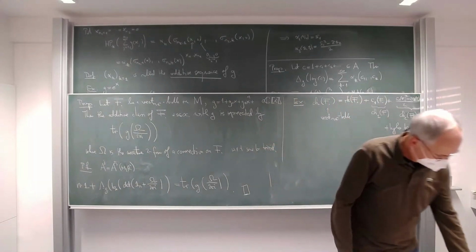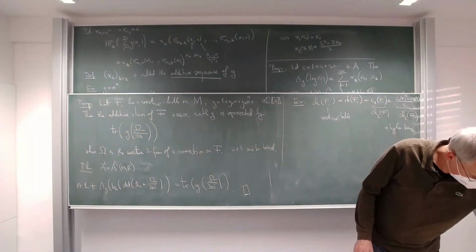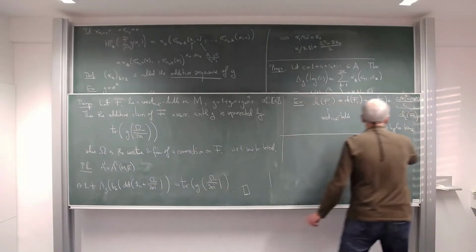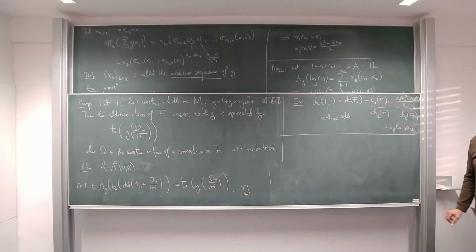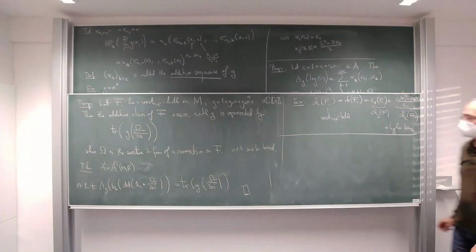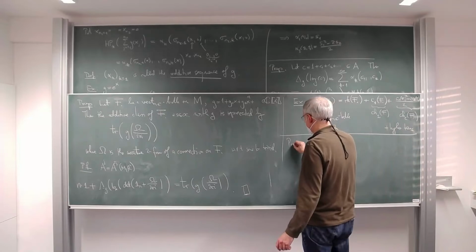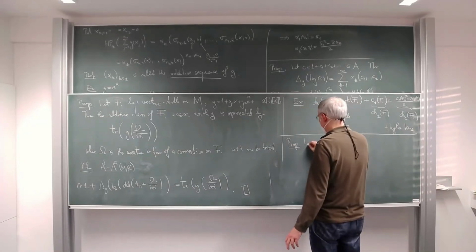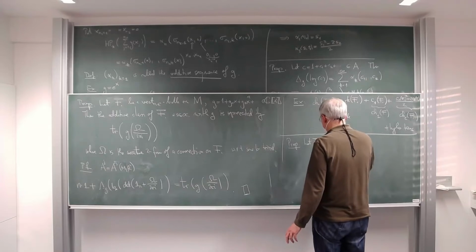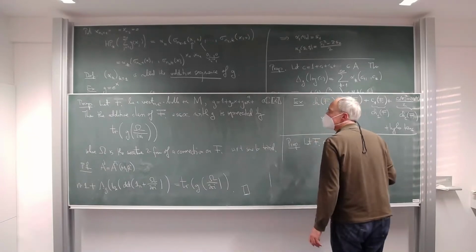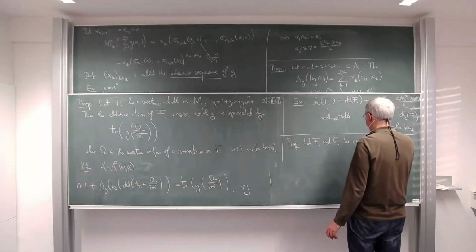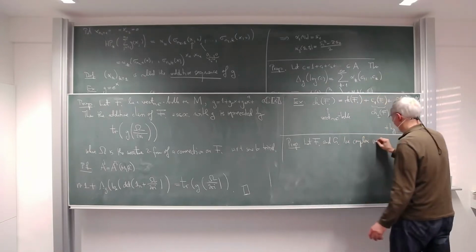All right, good. And now comes a special property of the Chern character which distinguishes it from other additive classes. Proposition: let F and G be complex vector bundles on a manifold.